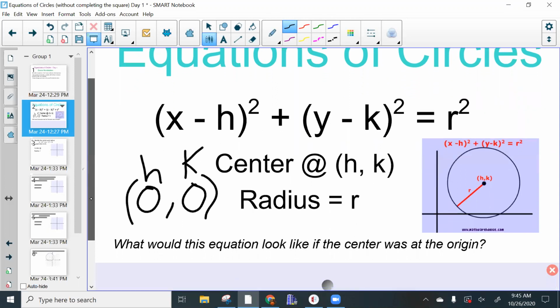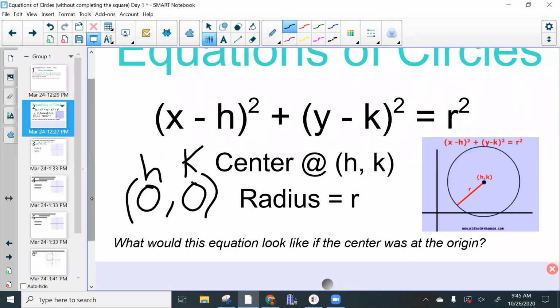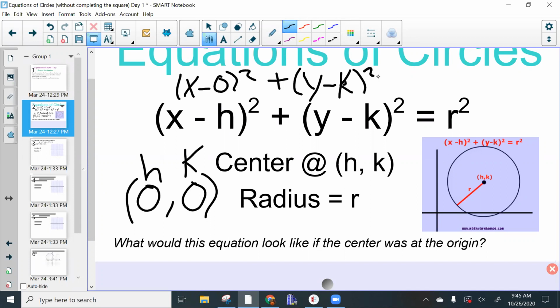So if we were to plug this into the equation, I'm going to write this right up here. It would just look like x minus 0 squared, because again, that 0 is our h, plus y minus k squared, and our k is 0 again. And that will give us r squared.